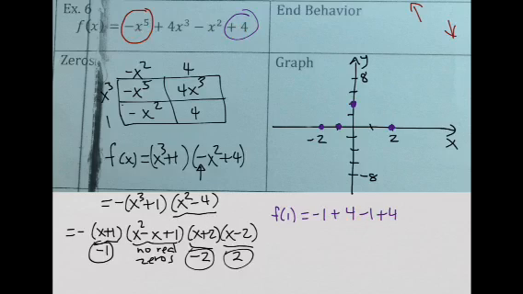So I get negative 2, that's going to give you 6. 8 minus 2 is 6. So I have the point 1, 6 right here. Okay? And so that's enough information to graph what we have.